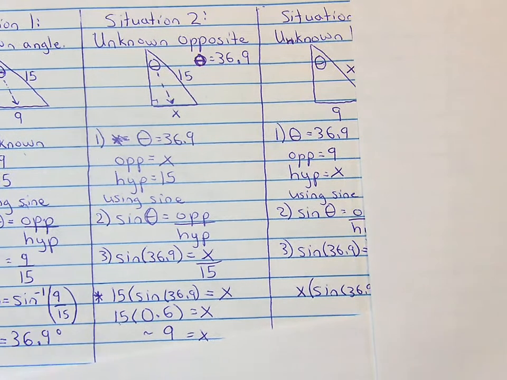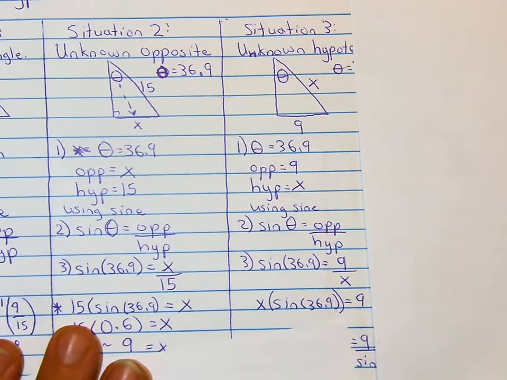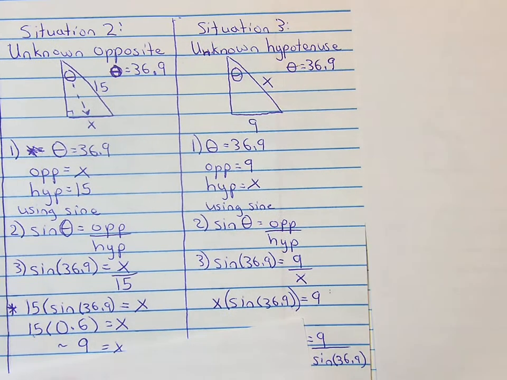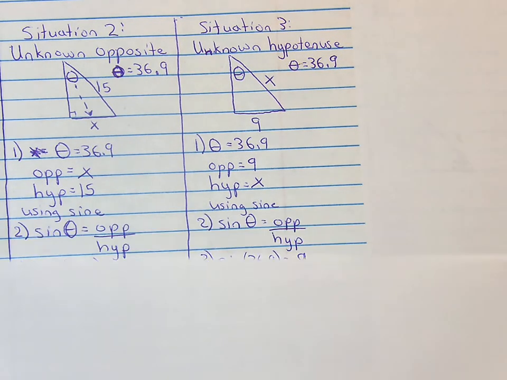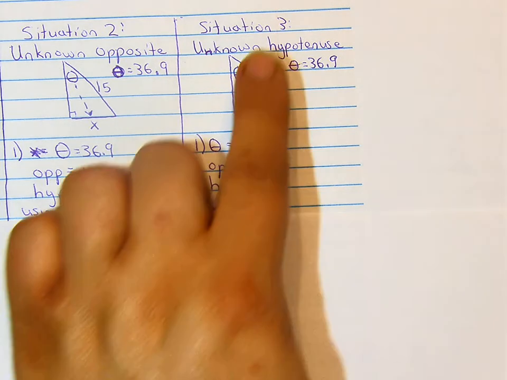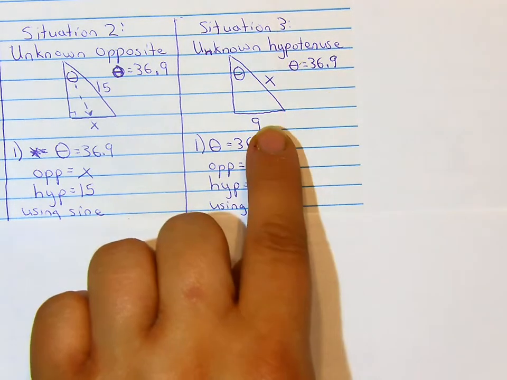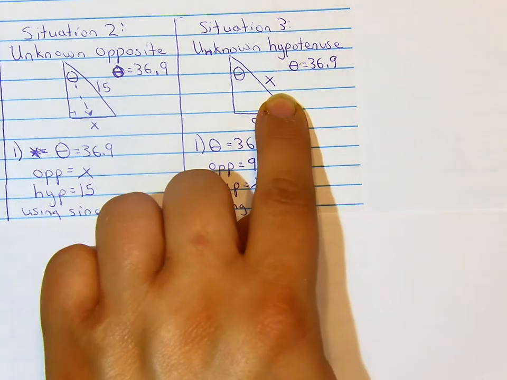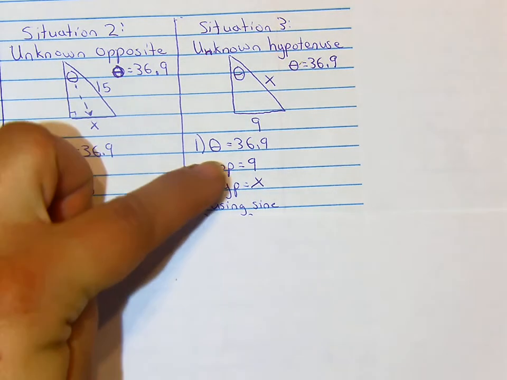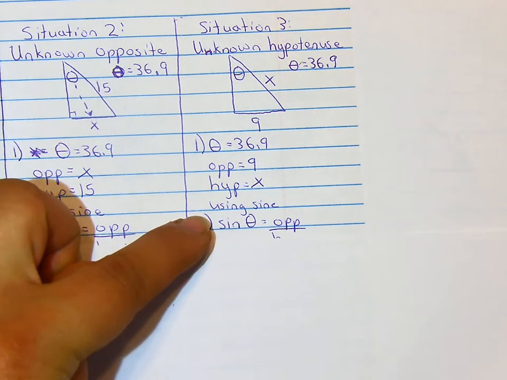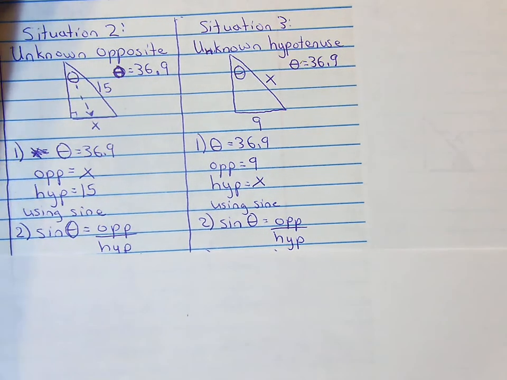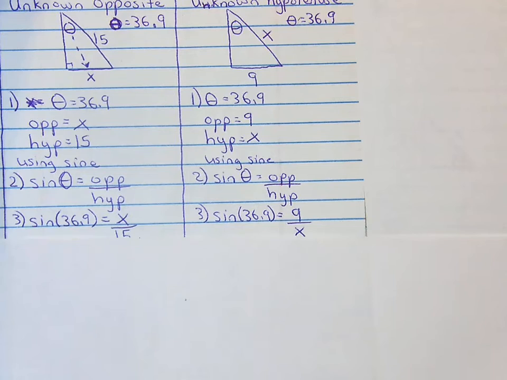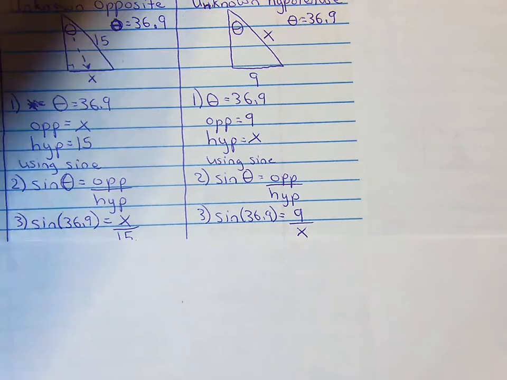Okay, so let's look at our third situation of an unknown hypotenuse. Again, we have our angle, we have our opposite, and let's just say we don't know our hypotenuse. So I plug those pieces in. We know our sine formula, so I'm going to substitute those into my formula and get this equation here.